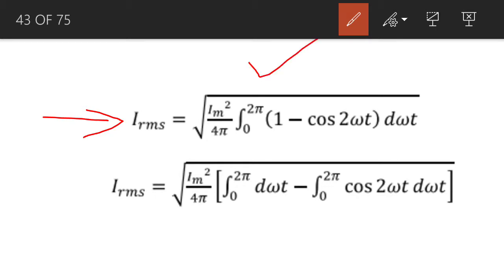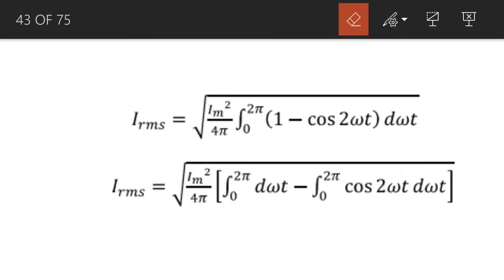The root mean square value of the AC current will be equal to under root Im square by 4 pi, the integration from 0 to 2 pi of (1 minus cos of 2 omega t) d omega t. And you see there are two terms under the root. So let us simplify this equation.